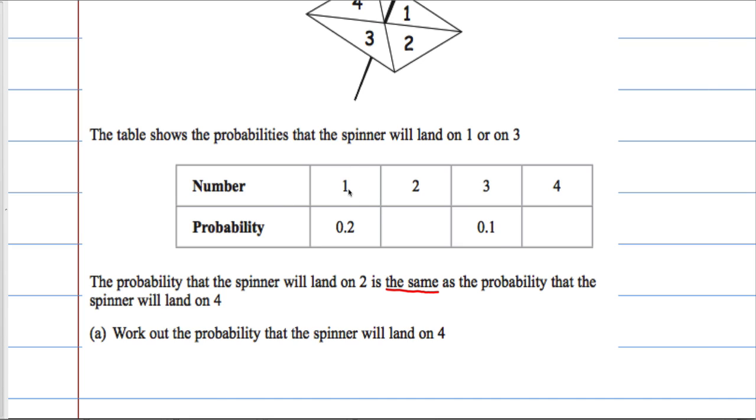What I should know is that the probability that the spinner will land on 1, 2, 3 or 4 is certain. In other words, the total probability is going to be equal to 1. So that's important.